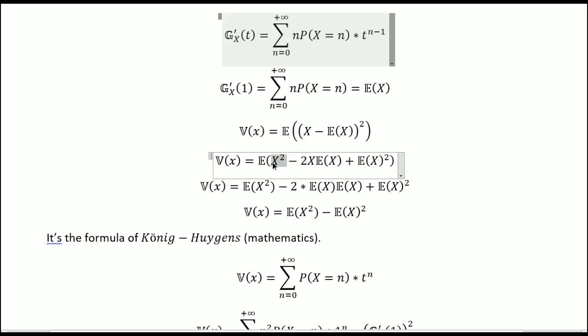Okay, so we have the variable x squared, and by linearity we can extract it. So we have the expectation of x squared. Then we have the expectation of this. So it becomes twice the expectation of this, and this is a constant, so we can factorize it with the 2.